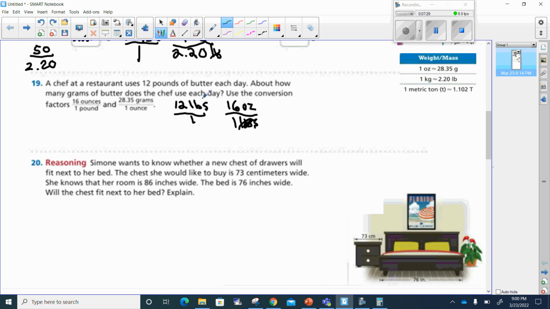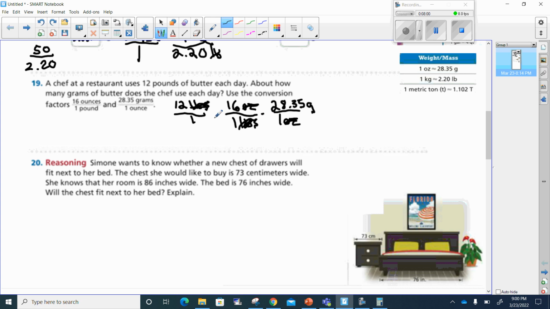This is gone now. But that's not good enough because we want to know how many grams we're going to have. So we're going to have to get rid of our ounces. So now we're also going to have to multiply this to 1 ounce over 28.35 grams. And that's so we'll be able to get rid of our ounces.